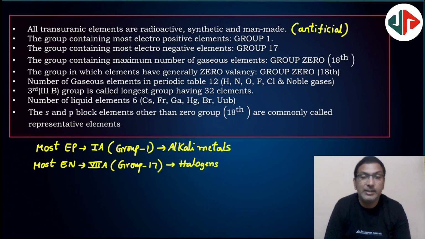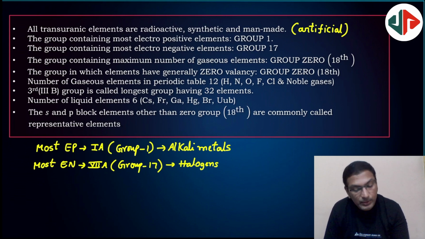Most electropositive first A or group 1, most electronegative 7th A or group 17 halogens. These two are important ones.